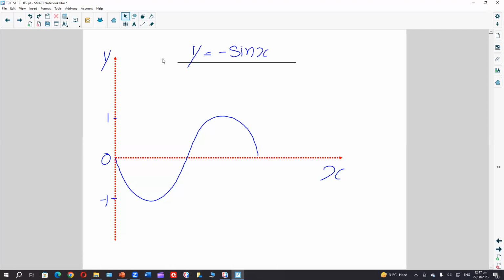Yes, I can see the flip. It's inverse now. This is called reflection in the x-axis. Okay. Done.